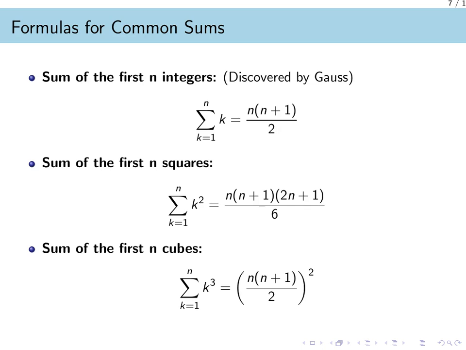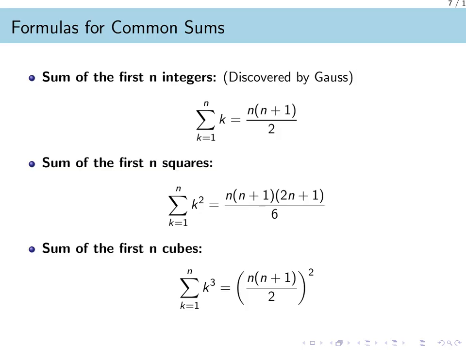This slide presents 3 essential formulas for evaluating common finite sums, which are the key to calculating the exact area under curves. The first formula, famously discovered by Gauss, is for the sum of the first integers. The sum from k equals 1 to n of k is equal to n times the quantity n plus 1, all divided by 2.